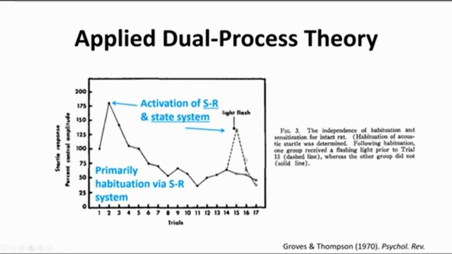And we see a sensitization here because the organism had habituated to the tone that was present. So the SR system got used to the tone, but our activated state system would still respond more intensely to the light flash because it's new, and if we're already aroused, that would be an increase in behavioral response. And so you can break down what's the ratio of sensitization to habituation processes at each of these different points to try and explain the net behavior that we're seeing.